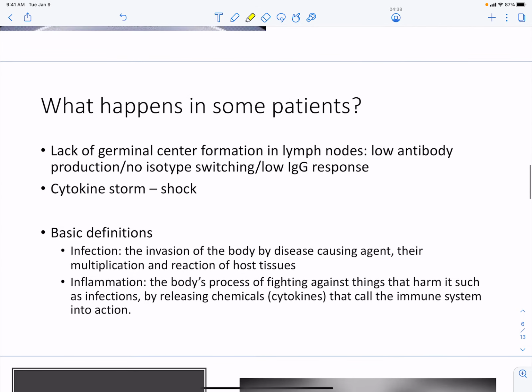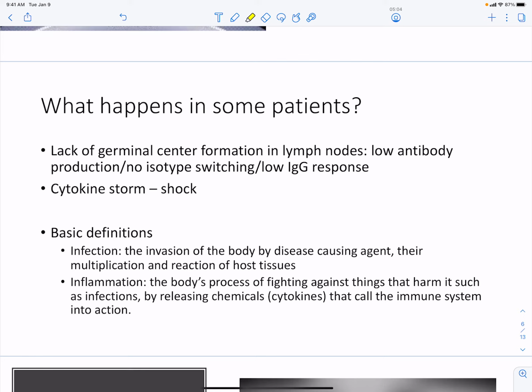So what's going on in some patients? Why do some patients have more severe infections than others? And we're still learning about this, but some things that have happened with respect to this infection are kind of curious. Some individuals, when you take a lymph node biopsy, show a lack of germinal center formation. And in these individuals, you typically find low antibody production, no isotype switching, and a low IgG response.